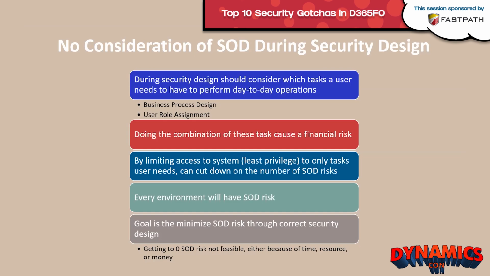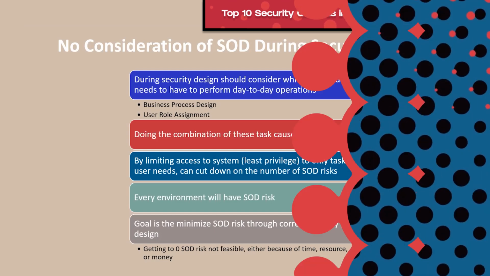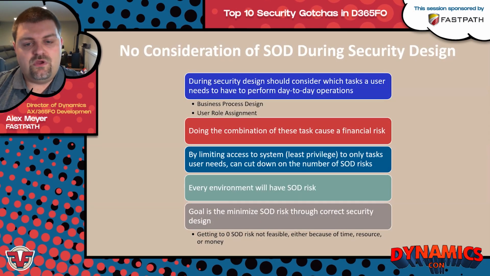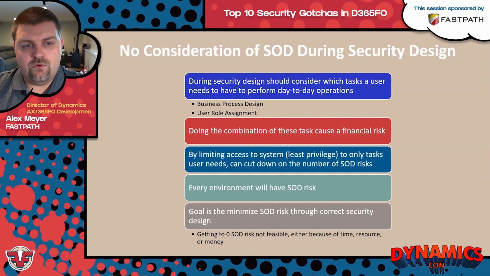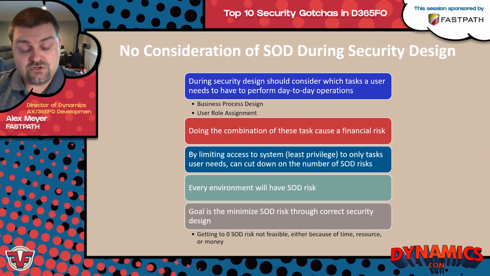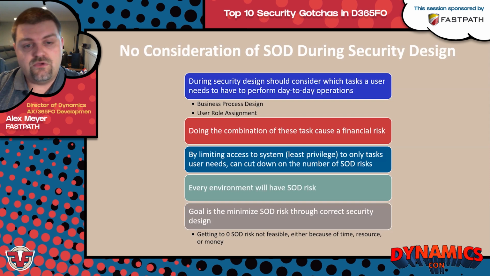You can do things like the business process design mapping or documentation, whether you're doing that through Visio or some other process, or the user role assignment. And then think about which combinations of these tasks actually cause a financial risk. By doing that, you're starting down the path of creating the rule set that you can use for your segregation of duties conflicts.